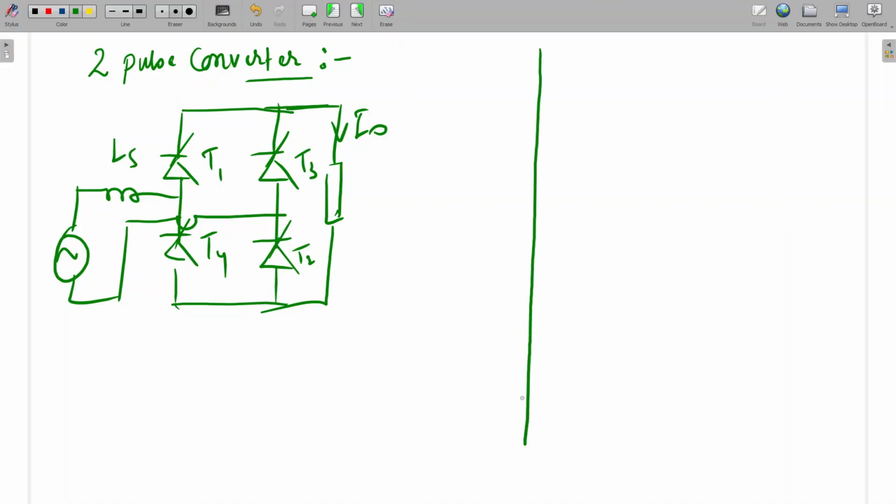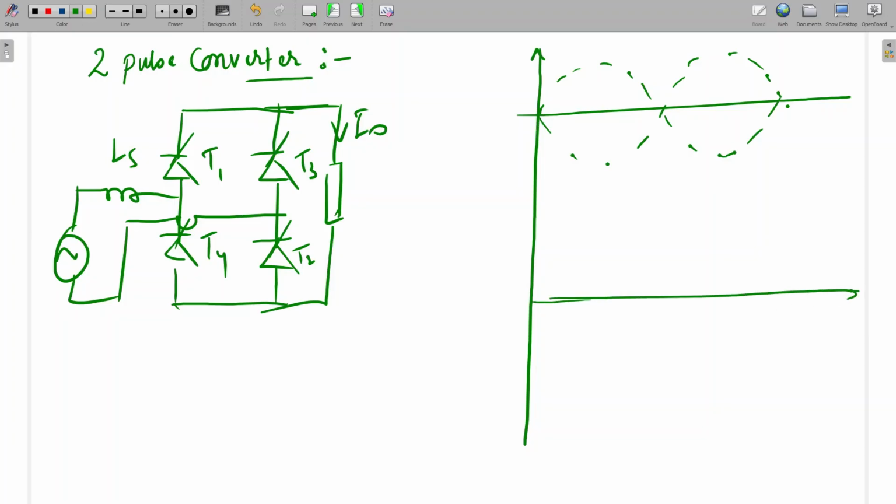First, the source voltage will be a sinusoidal voltage. So this is Vs, and this is a 180 degree part of Vs. Here I'm going to draw the source current. First thyristors 1 and 2. So let's say this is the alpha angle. Here also it will be alpha.